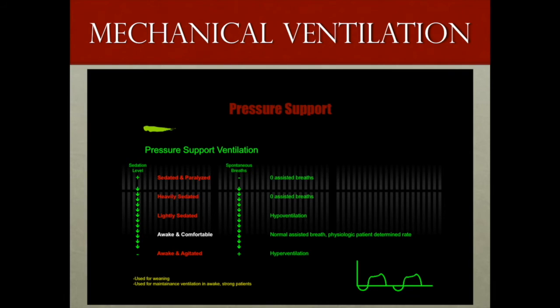If we take our same spectrum of sedation, we can see that even less patients are listed in white and much more are listed in red, meaning that this mode of ventilation is for a more select population. If you are sedated and paralyzed, and you are on pressure support, you will get 0 breaths per minute because it is a patient-determined rate, and every breath is assisted, meaning the patient needs to generate the breath, and if they're paralyzed, they can't.